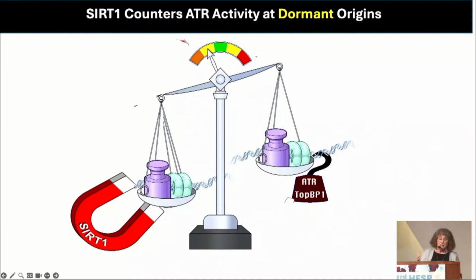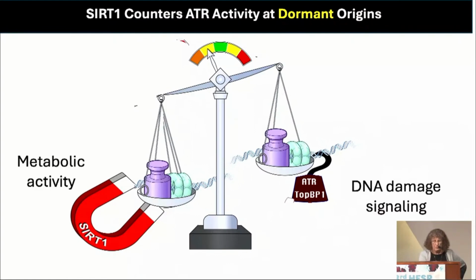SIRT1 is deacetylating the ATR partner, TopBP1, and prevents this acetylation. And therefore, this is a way that the cells sense both metabolic activity and DNA damage signaling to regulate the number and the frequency of replication initiation sites.